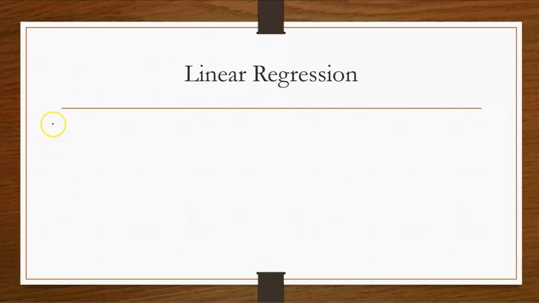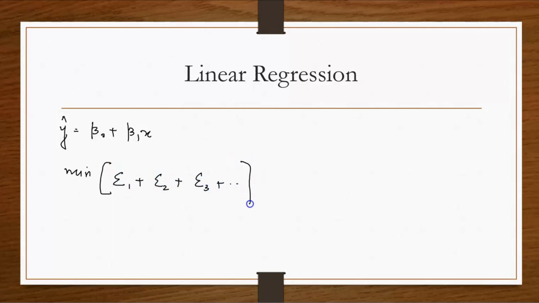Now we can see how to find the value of the coefficients, that is, how to find the values of beta naught and beta 1. We have already seen the predicted value y is equal to beta naught plus beta 1x in the case of simple linear regression. And we know we are finding the minimum of errors, right? The minimum of error 1 plus error 2 plus error 3, that is the errors for A, B, C, 3 lines, 3 points, like that it goes.